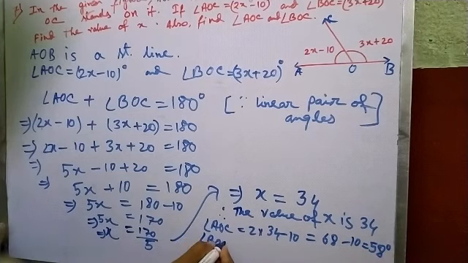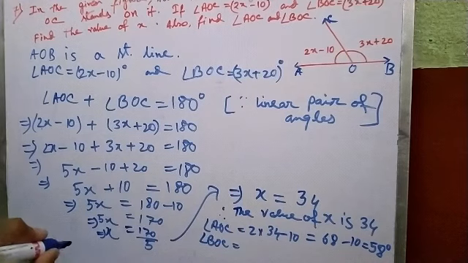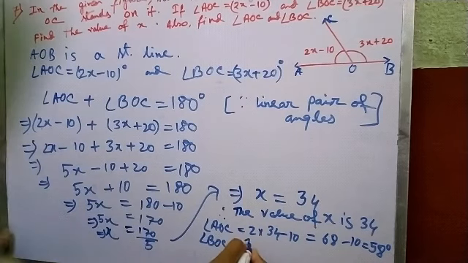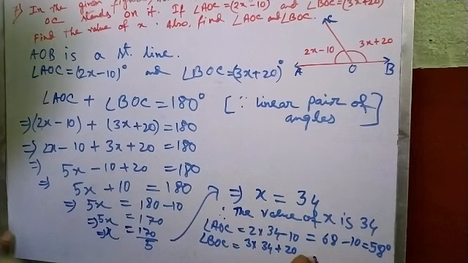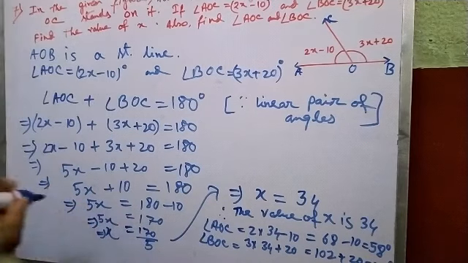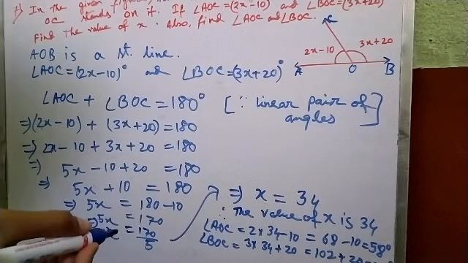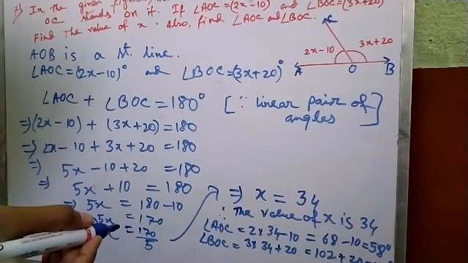Angle BOC equal to 3 into 34 plus 20, that means 102 plus 20, that means 122. So angle AOC equal to 58 degree and angle BOC equal to 122 degree.